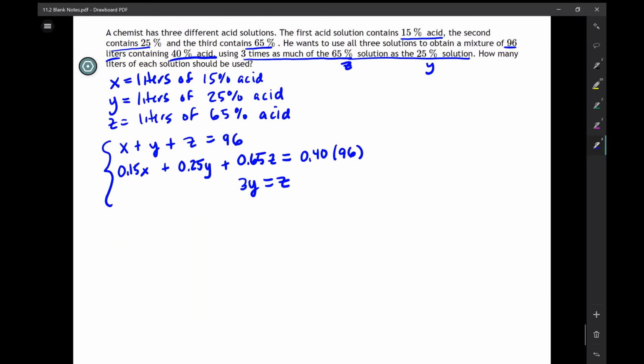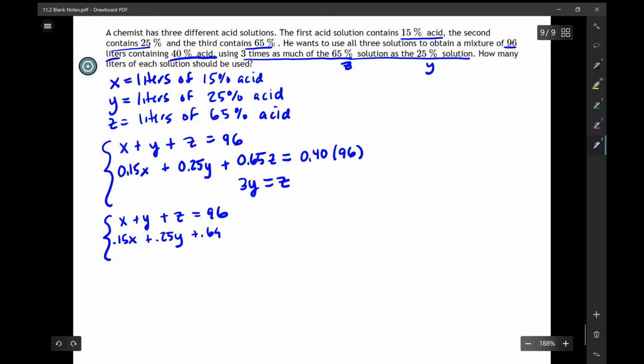Let's go ahead and try and solve these. Let's rewrite it a little bit neater. x plus y plus z equals 96. 0.15x plus 0.25y plus 0.65z equals, let's figure out what 0.4 times 96 is, 38.4.